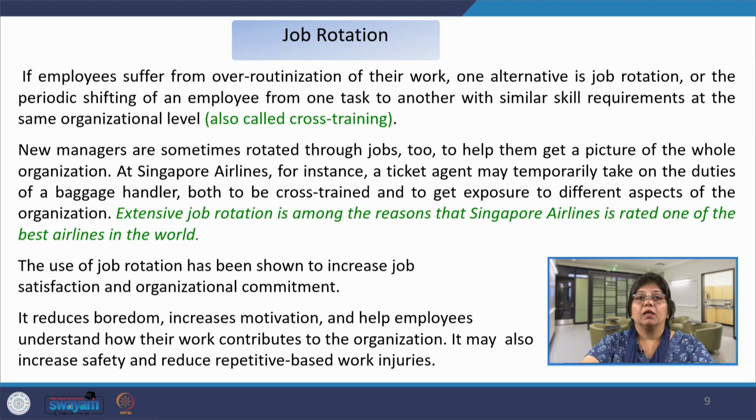For example, at Singapore Airlines, and there is a reason why Singapore Airlines is among the top rated airlines in the world. The reason is that they engage in the strategy of job rotation, where a ticket agent may temporarily take on the duties of a baggage handler, both to be cross trained and to get exposure to different aspects of the organization.